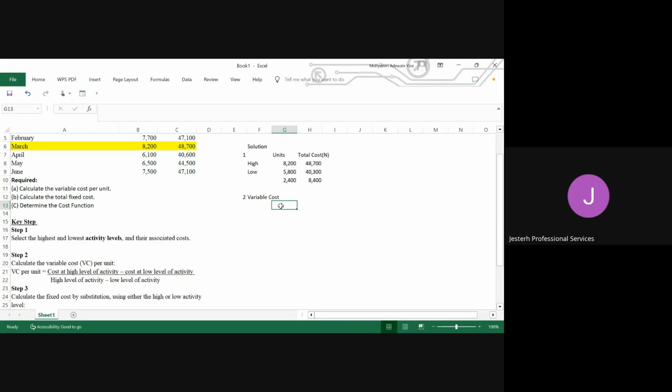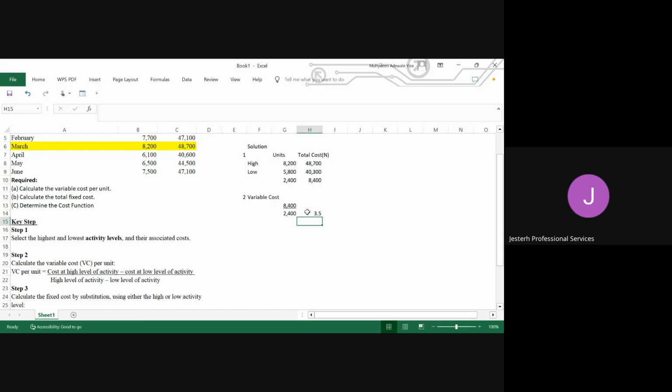Now we come to this because we want to determine the variable costs. We say 8,400 divided by 2,400.